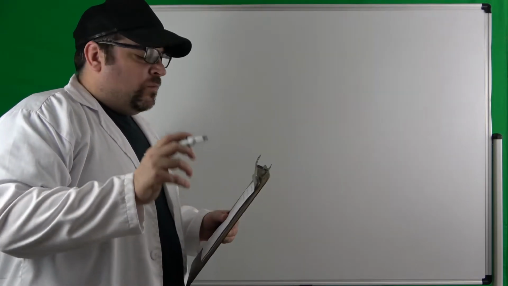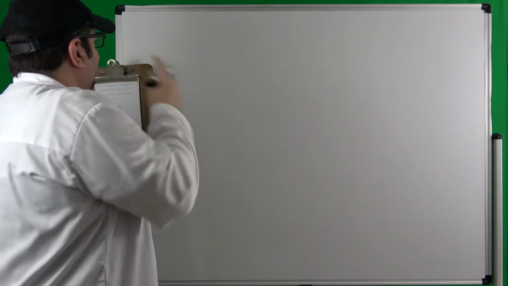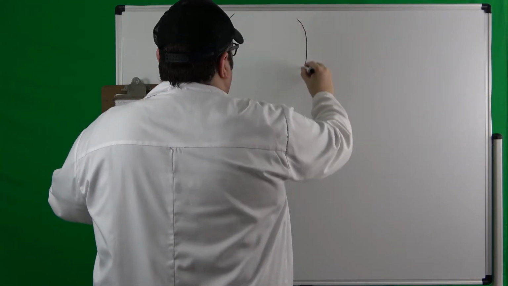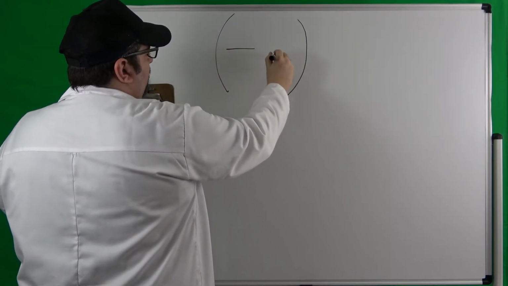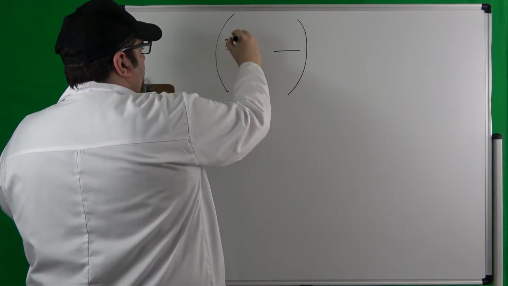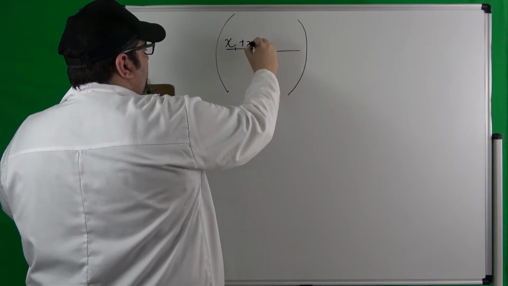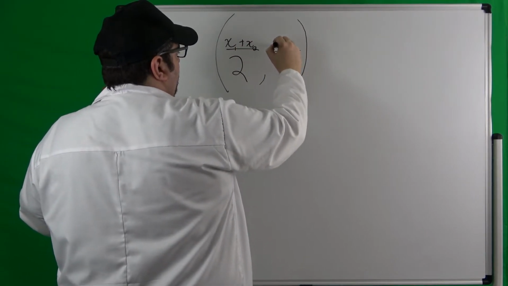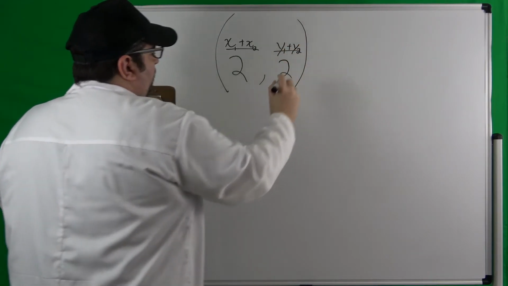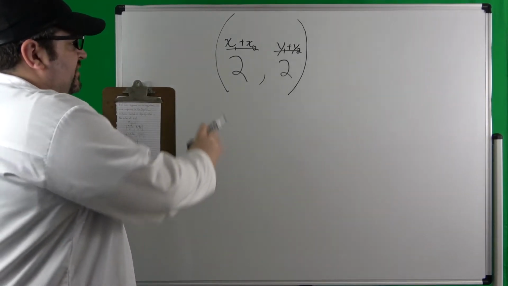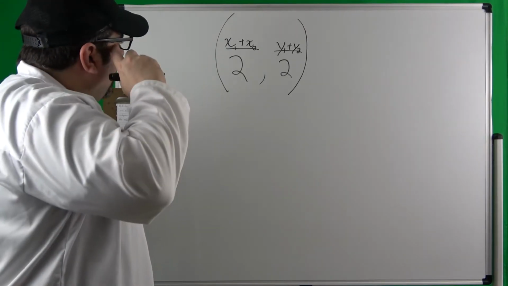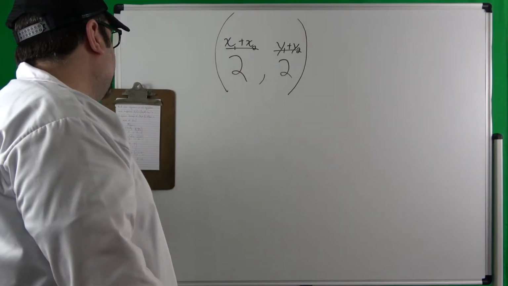For this one, we're going to use the midpoint formula, which, if you remember, is x sub 1 plus x sub 2 divided by 2 over y sub 1 plus y sub 2 over 2. You can just think of it as you add the x's, divide by 2, add the y's, divide by 2. And that's how we find the midpoint between two points.